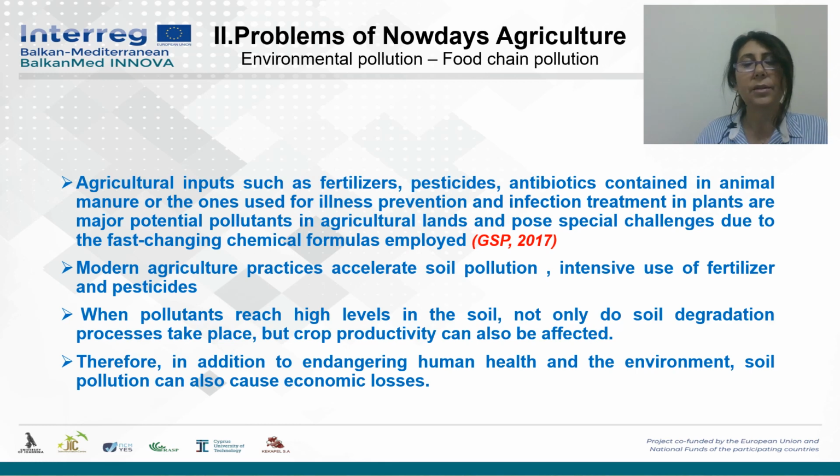Modern agriculture, in this context, accelerates soil pollution through intensive use of fertilizers and pesticides. When the pollutants reach high levels in the soil, not only do soil degradation processes take place, but crop productivity can also be affected. That is the reason that, in addition to endangering human health and the environment, pollution can also cause economic losses.